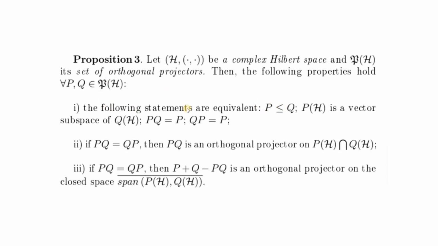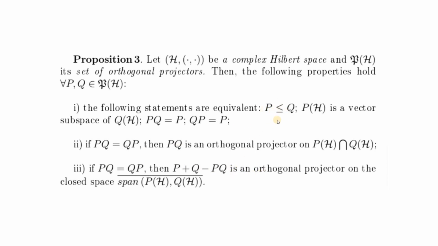The first property is that we can have a partial order in this set of orthogonal projectors, and that if two projectors commute with each other, they have special properties.